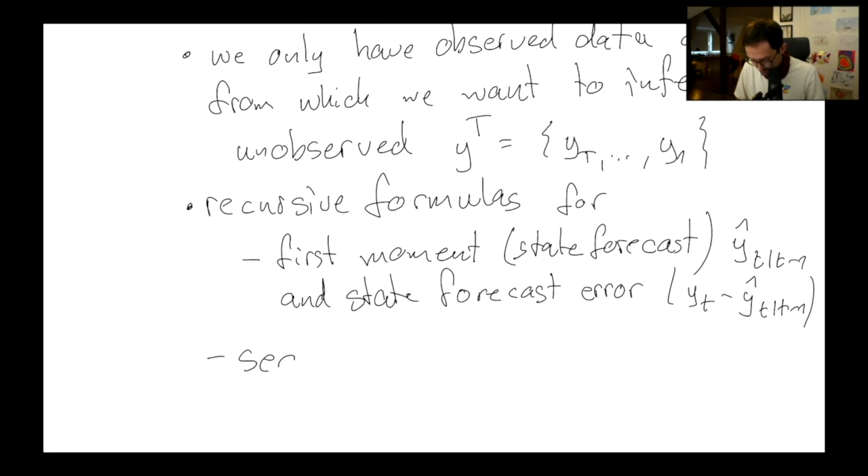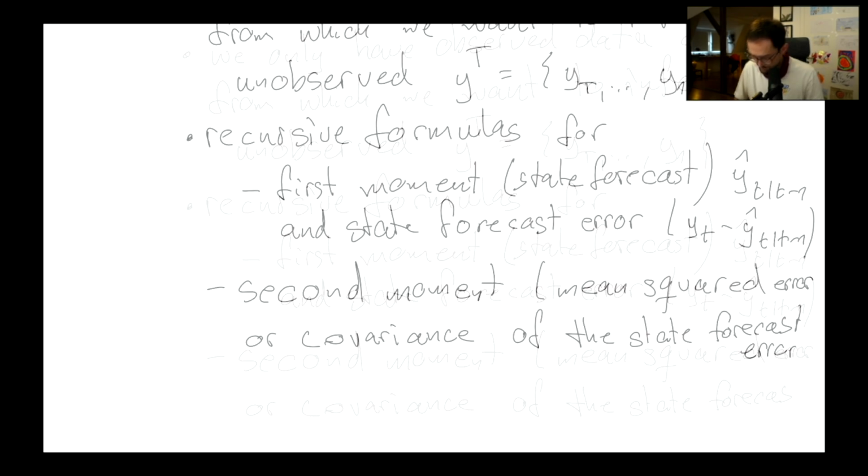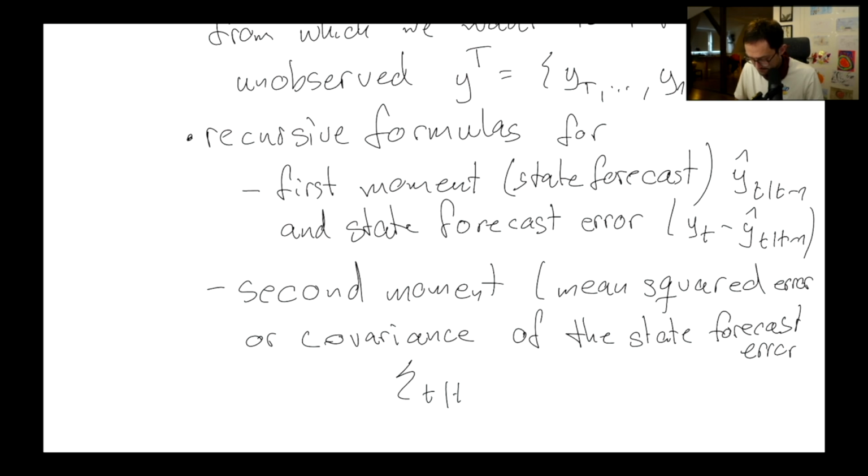And for second moments, this is the mean squared error or covariance matrix of the state forecast. And we're going to call this sigma t minus 1, given the notation that I've provided before.